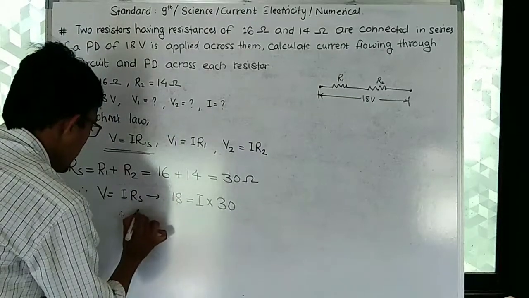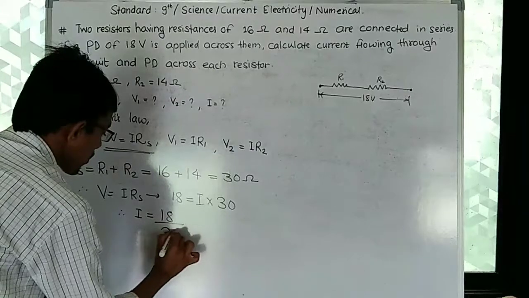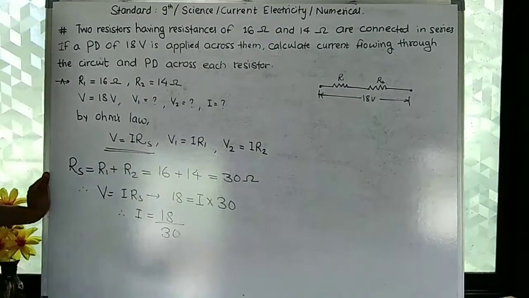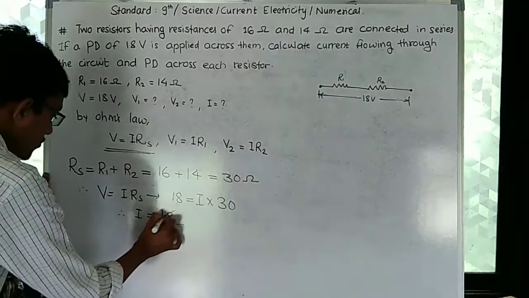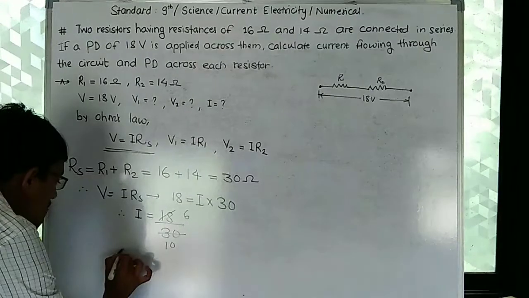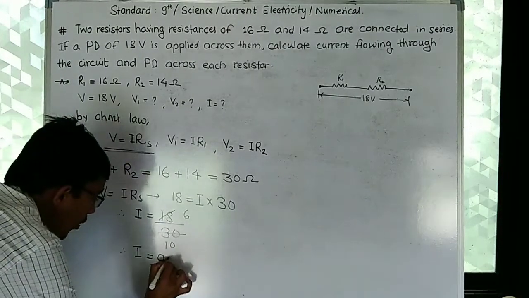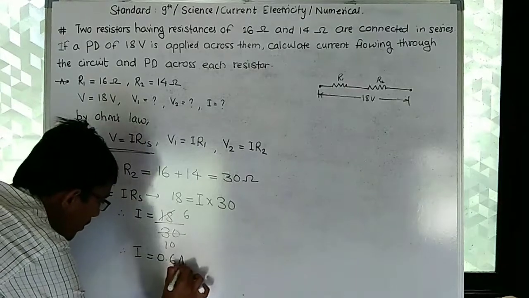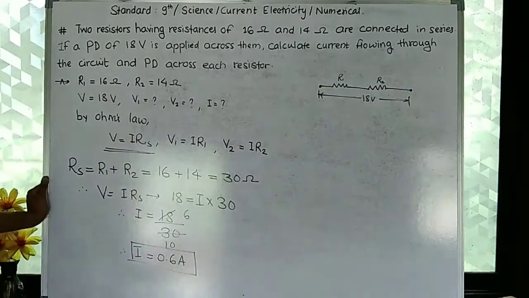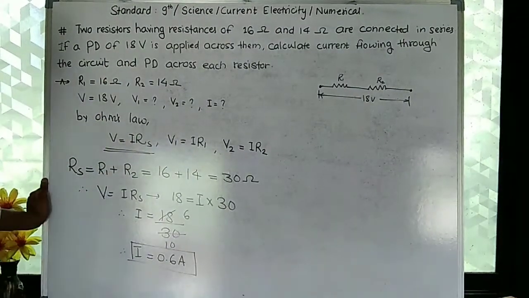Therefore I is equal to 18 upon 30. 3 sixes are 18 and 3 tens are 30. Therefore we get the value of I as 0.6 ampere. So we have found the value of current flowing in the circuit, that is 0.6 ampere.